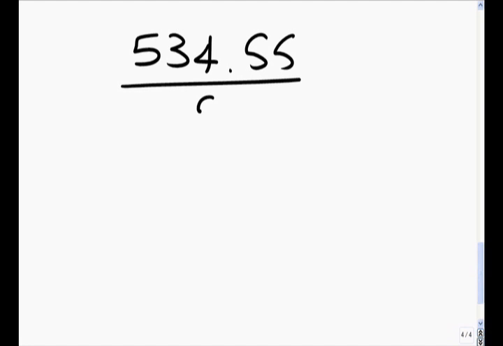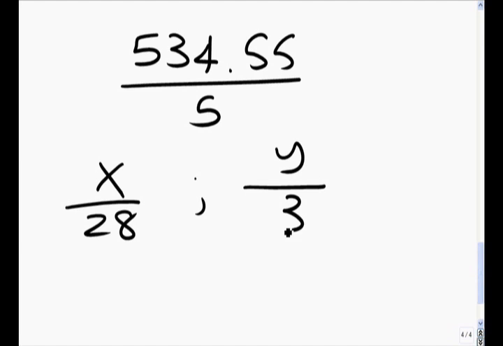I'm going to create the ratio of $534.55 to 5 days, the ratio of x dollars to 28 days, and another ratio of y dollars to 3 days, where x is the amount of money earned in 28 days and y is the amount of money earned in 3 days. These ratios are going to be used to create proportions in which we can determine the value of x and y.